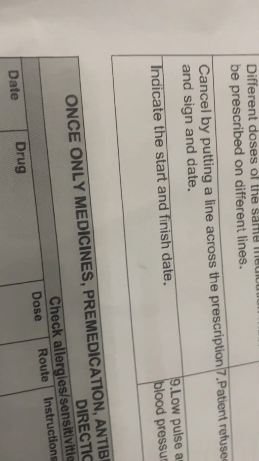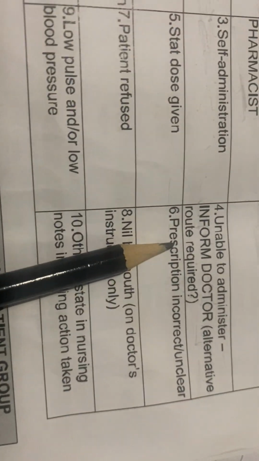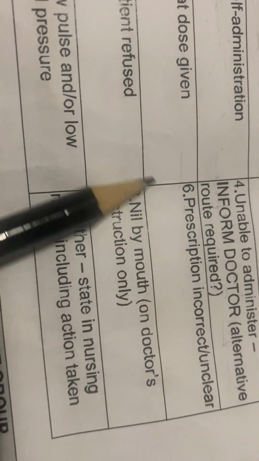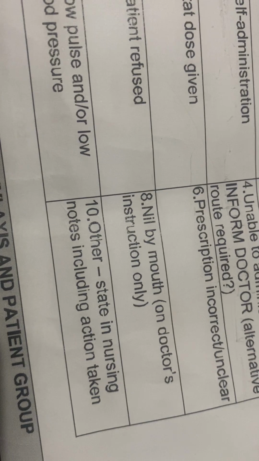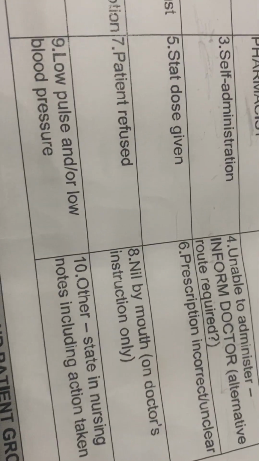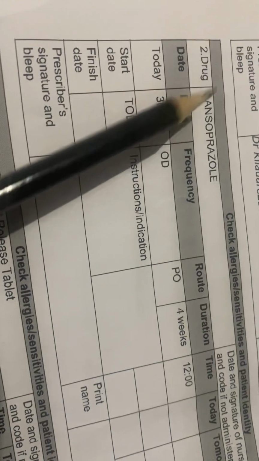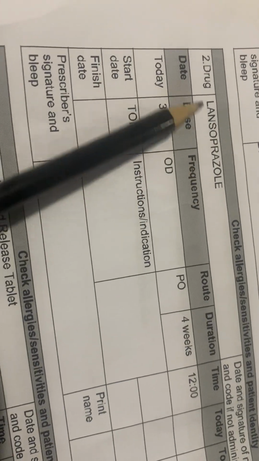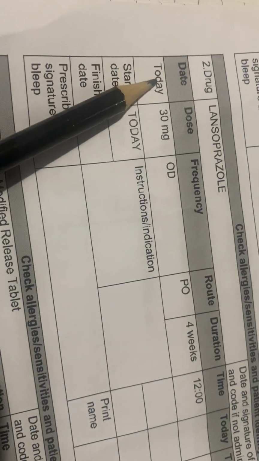Okay? Then next one we have here is code 6. Here, prescription is incorrect or unclear. Let me give you an example. So guys, for example now, let's use this medication, lansoprazole. Start date is today.